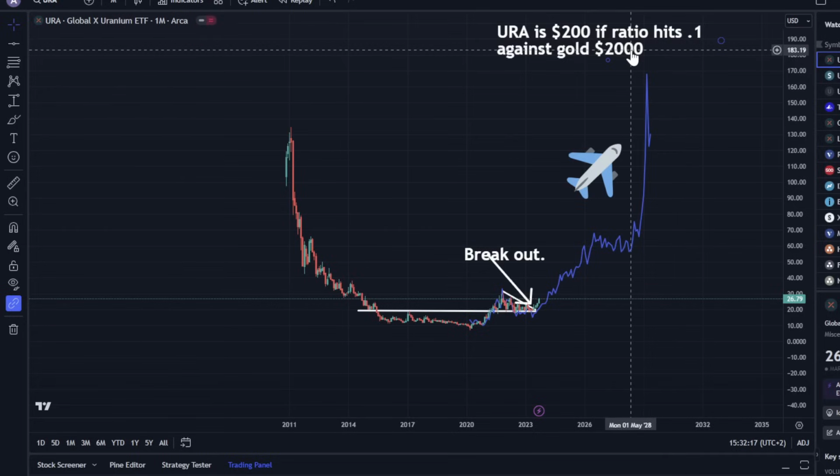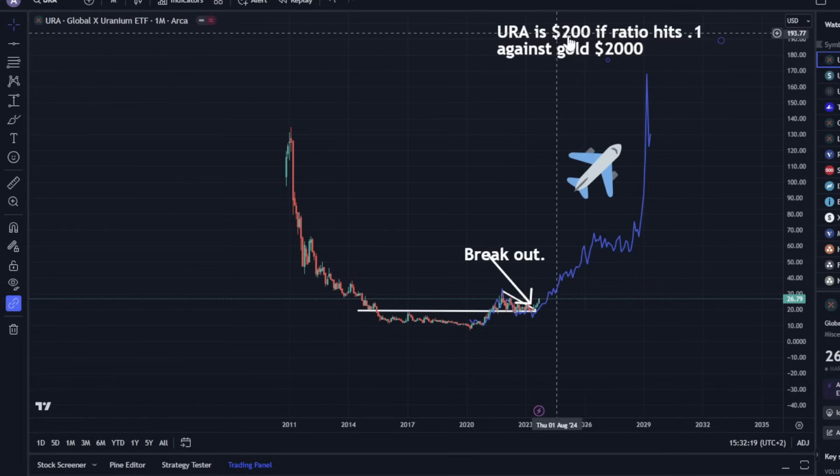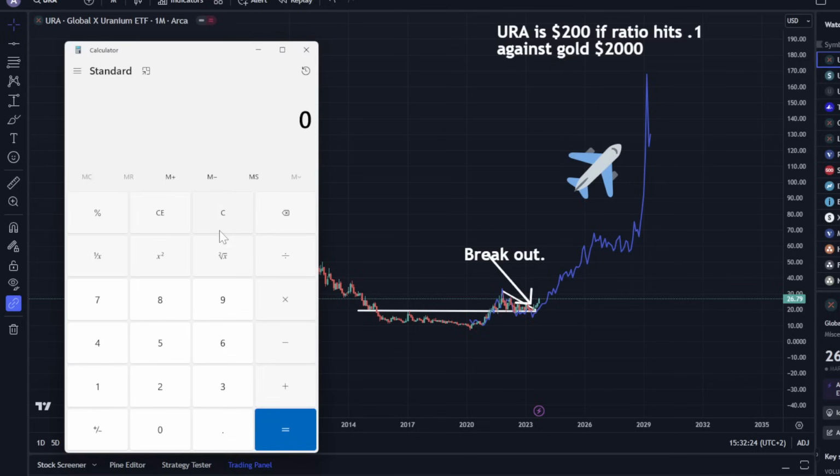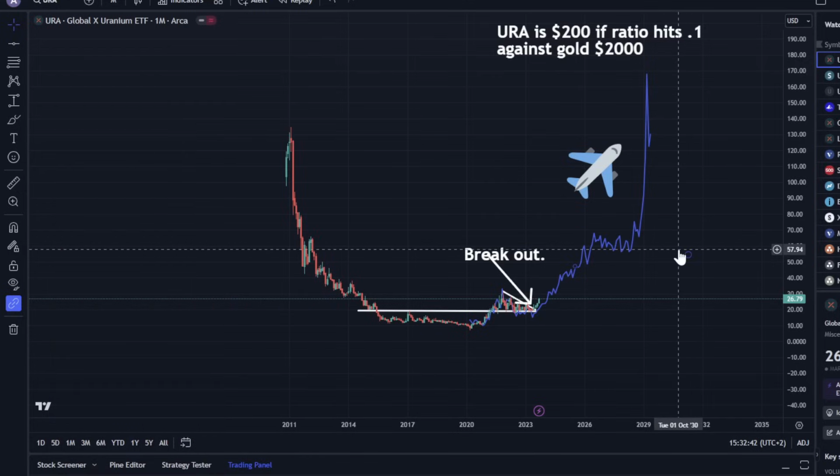So 2000 times 0.1 is $200 for URA. Now that projection, 200 divided by 26.79, is a 7.5 times increase from where we are today, which is a very big projection from where we are. But we are still very early in this commodity bull market, so maybe it's possible.